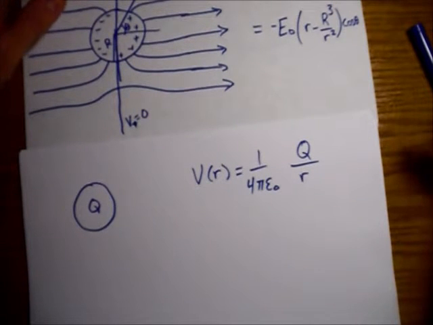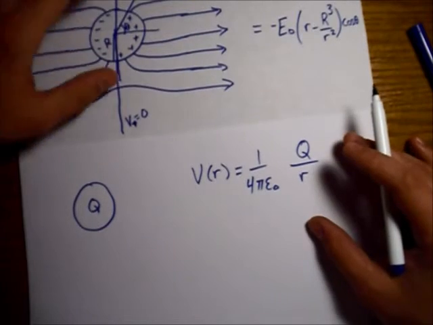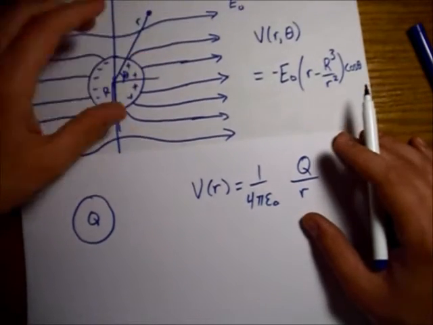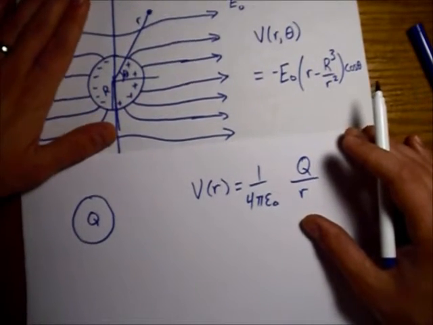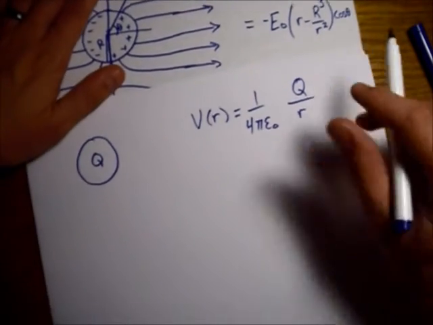For the superposition of these two, if we want the potential for a charged conducting sphere in a uniform electric field, we just add the two potentials together.